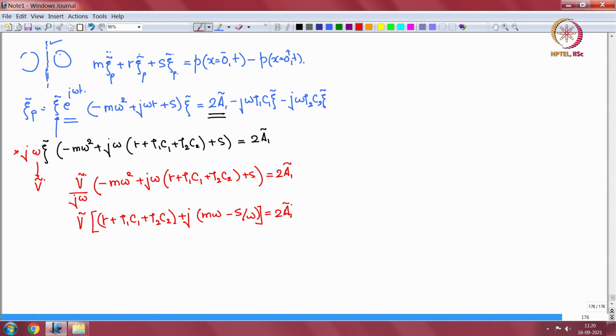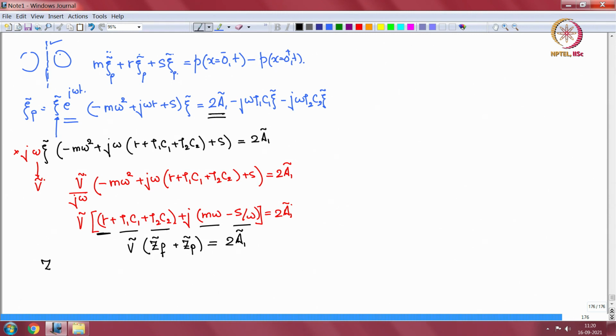Now the m omega, s by omega and r are the partition impedances, rho 1 c1 and rho 2 c2 are fluid impedances. So what this means is that v tilde, the velocity amplitude, is given by the fluid impedance plus the partition impedance operated upon by twice the amplitude.